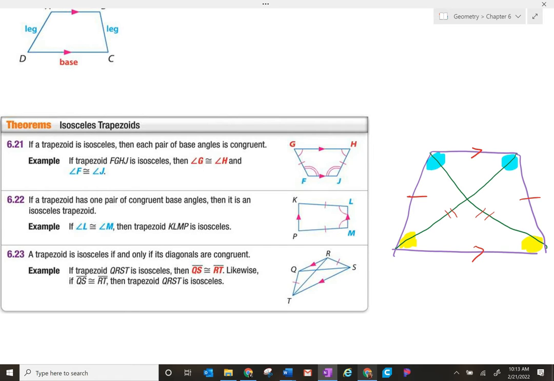Don't worry about all the theorem rules. We're not doing proofs still. The biggest thing I want you to see is that each one of these angles will be the exact same. These are the same. These lengths are the same. And these lengths are the same.